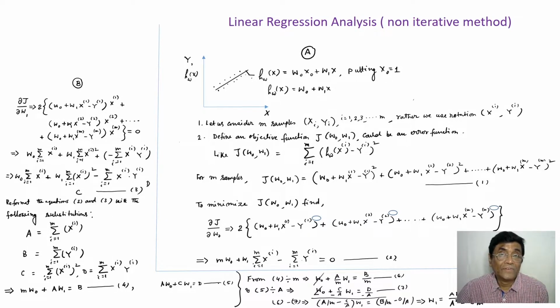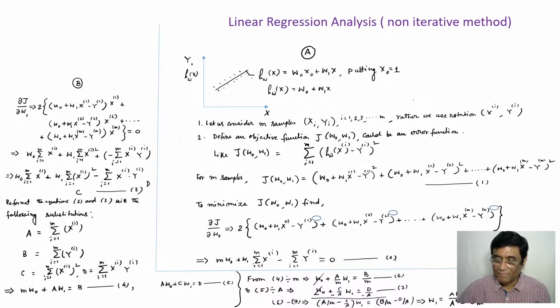And then, oh, it is again class 9, right? Standard solving of two very simple linear equations. You can just divide equation 5 by M, and free W1 and make it this, and then divide equation 5 by A, so W0 becomes free, and you get this.